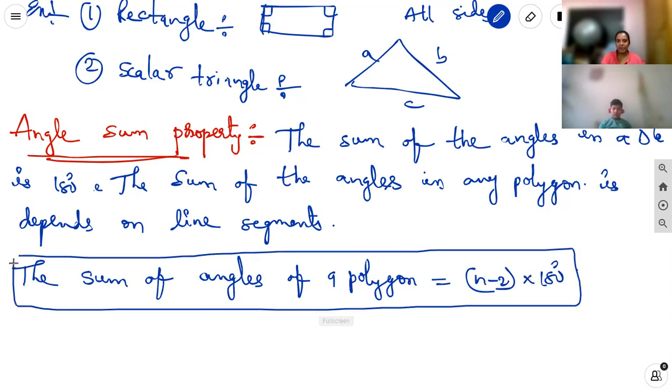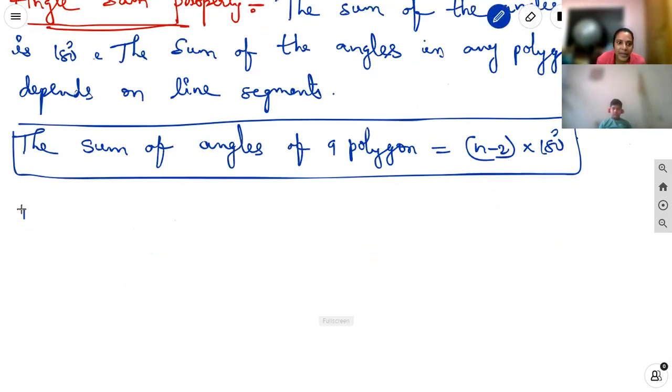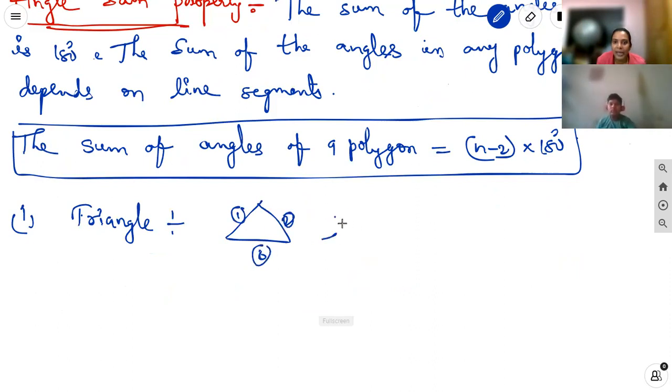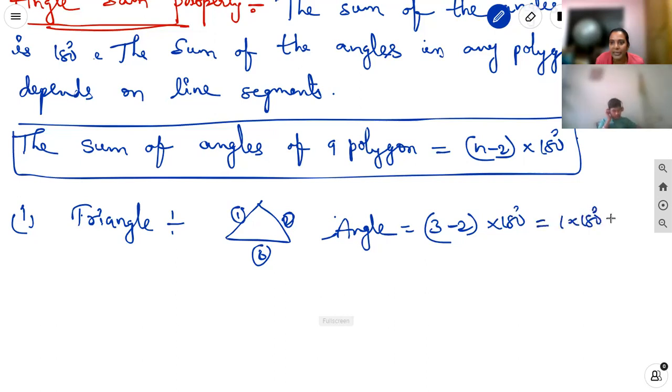For example, if we take the triangle, the triangle has how many sides? 1, 2, 3 sides. In this, angle sum should be 3 minus 2 into 180 degrees equal to 1 into 180 degrees, which is 180 degrees.